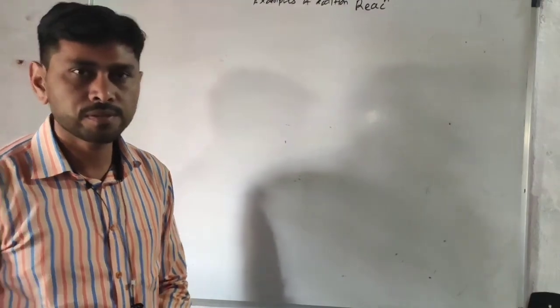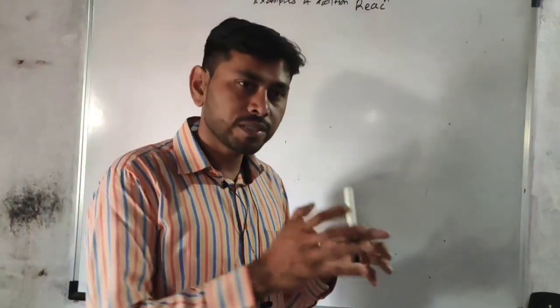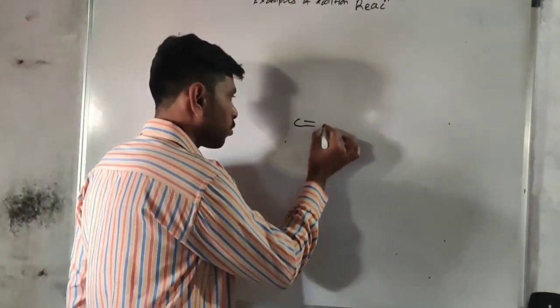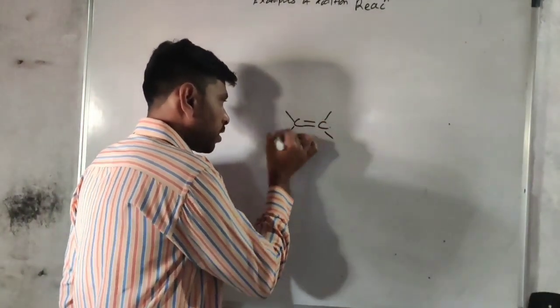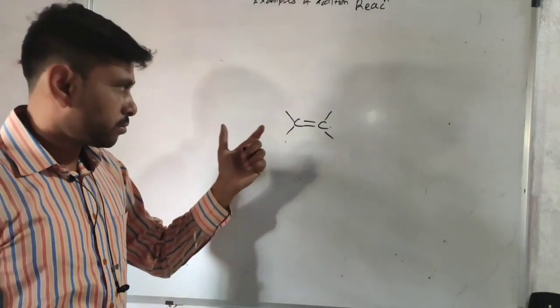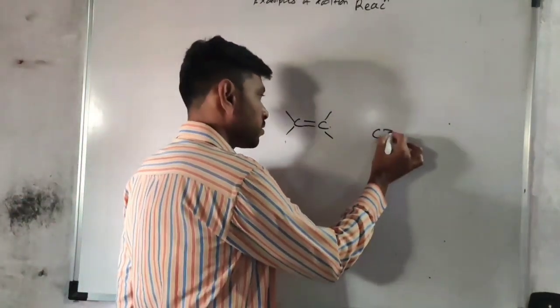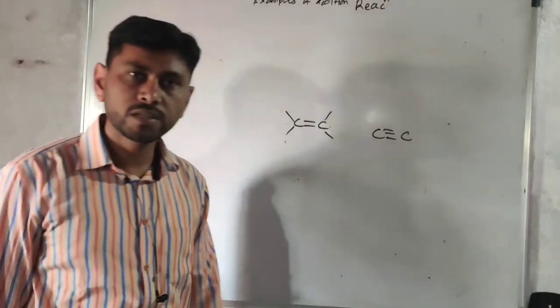So these are some examples. Now we have to go in detail how these reactions occur. As we know, carbon-carbon double bond is an unsaturated system, carbon-carbon triple bond is an unsaturated system.